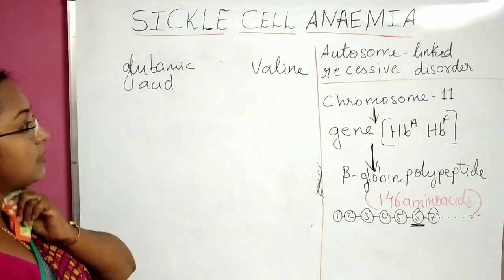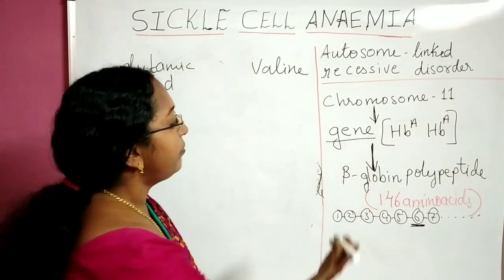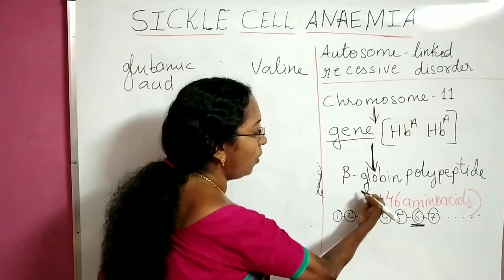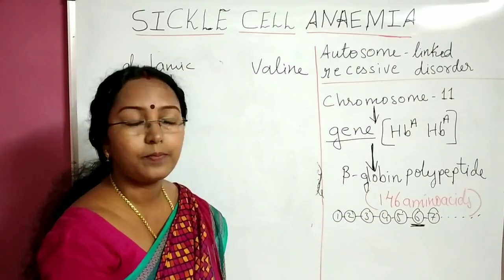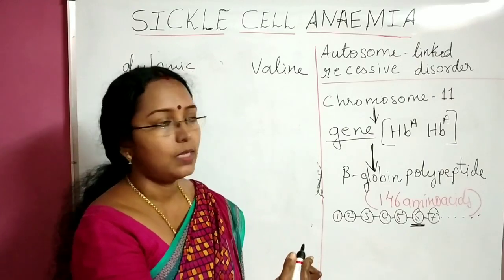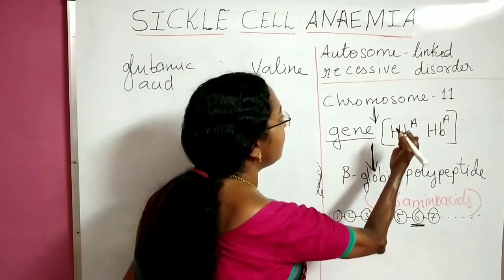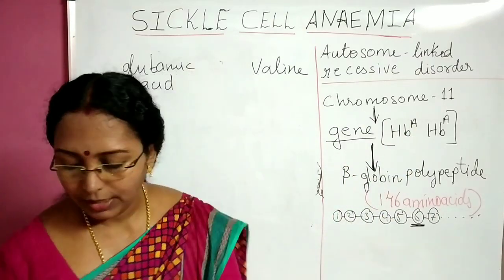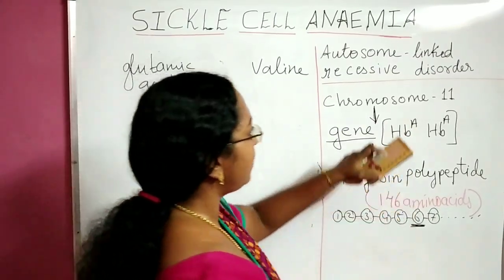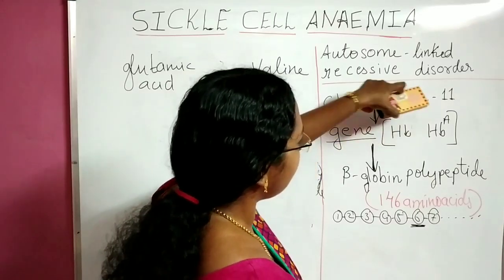The answer lies with our gene. See here, if the gene is normal, it will produce a normal beta globin chain. But when the gene becomes defective, that is when the gene becomes sickle-celled. We can write it like this, HBS.